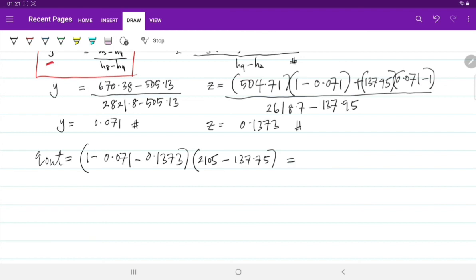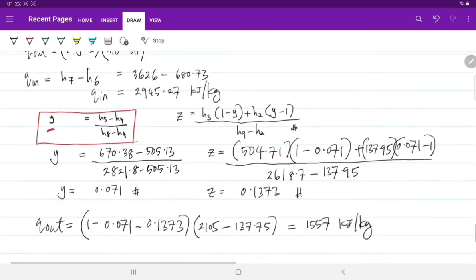Okay, then you can get your Q out. 1 minus 0.071 minus 0.1373 multiplied by 2105 minus 137.95. Q out is, let's say 1557 kilojoules per kilogram.